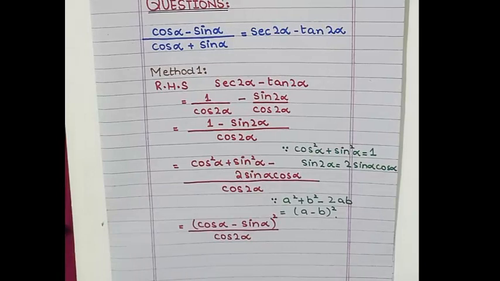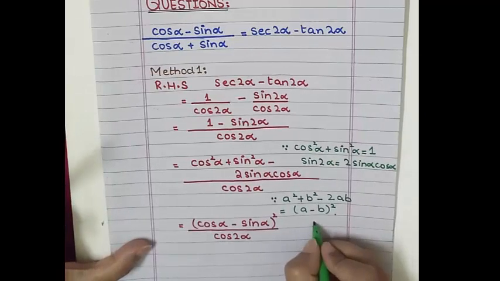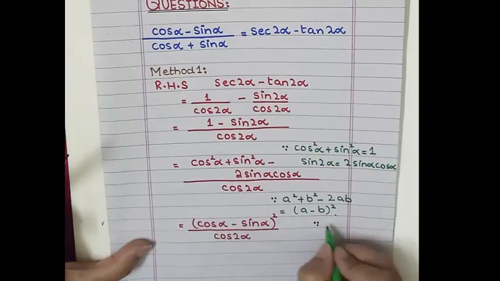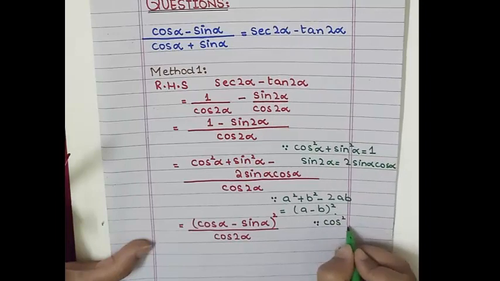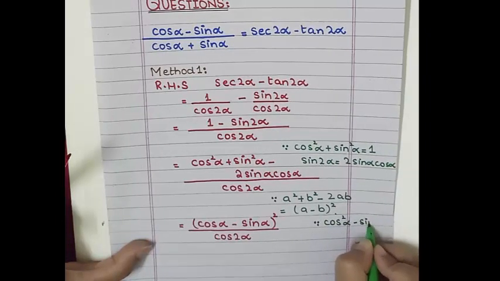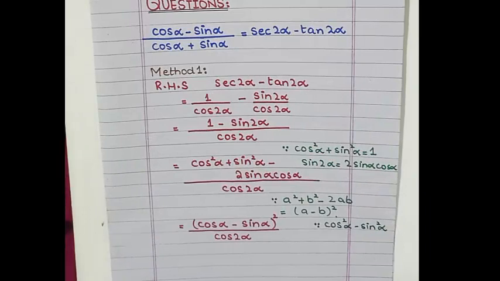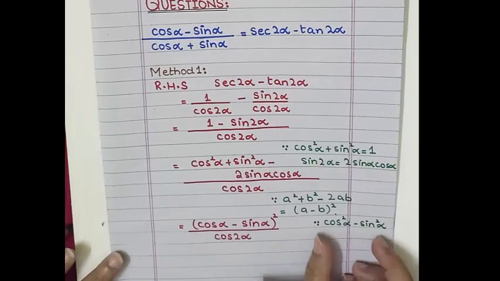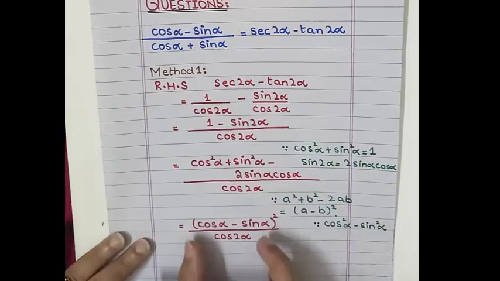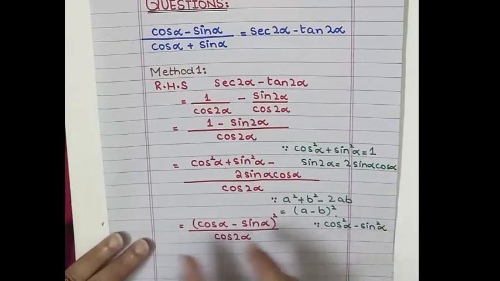Now we have three formulas for cos 2 alpha. The most suitable in this question will be that cos 2 alpha is equal to cos square alpha minus sin square alpha. We can use any formula which is suitable according to our question. In this question, this formula is suitable because in the numerator we also have such a kind of term.